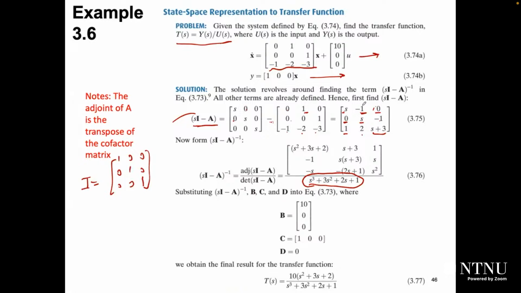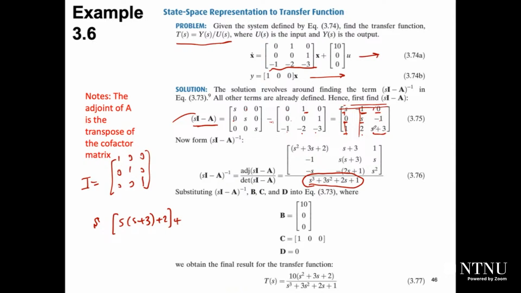So you need to cross this one and cross this one and find the determinant of the square matrix inside. So it will be S multiplied by (S times (S plus 3) minus 2), so it will be plus 2. Plus negative, negative 1, it will be plus 1. Cover this one like this one.